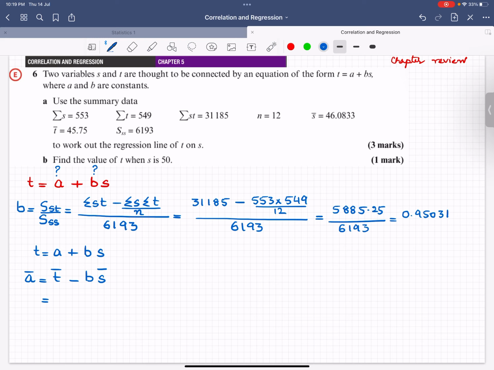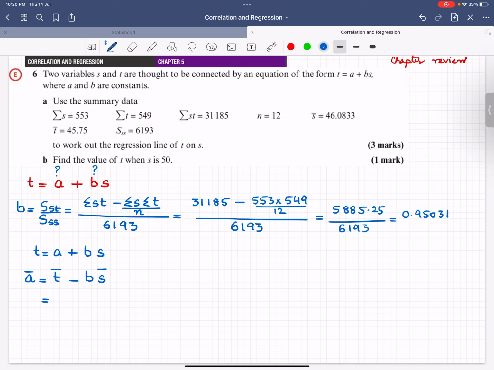So we have got the total value of t. All the values of t added together give 549. Therefore, the average value of t will be 549 divided by the total number of entries, which is 12.